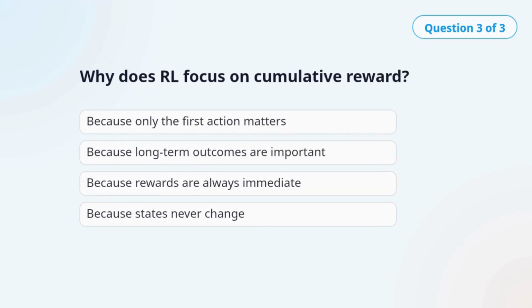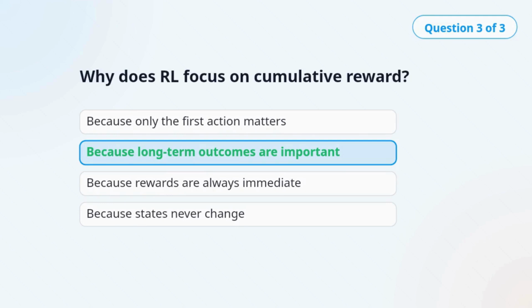Question 3. Why does RL focus on cumulative reward? The correct answer is because long-term outcomes are important. Many RL problems involve delayed effects, so the goal is to maximize total reward over time.